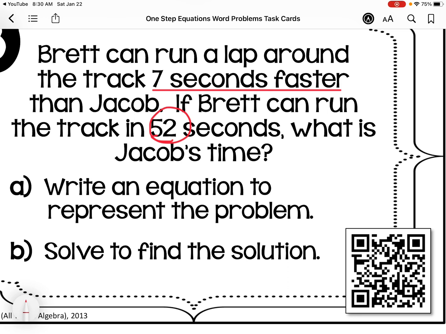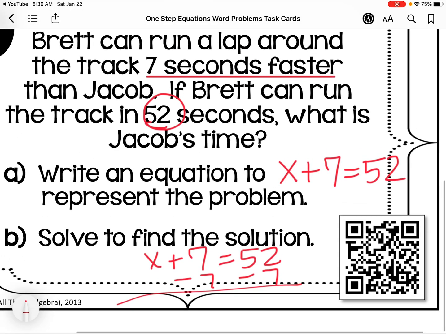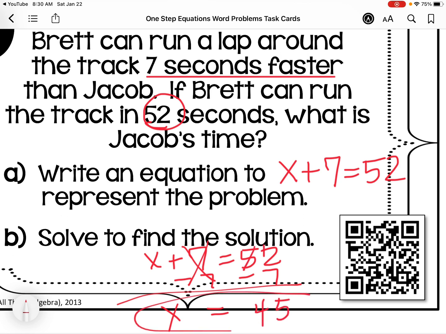So x plus 7 equals 52. So I'm going to subtract 7 on each side because I want to figure out Jacob's time. X equals 45 seconds. Okay.